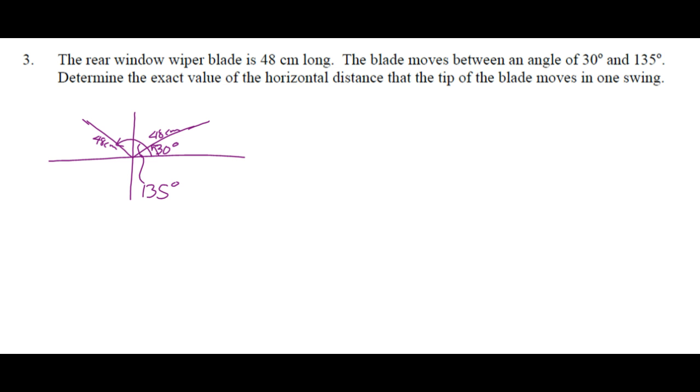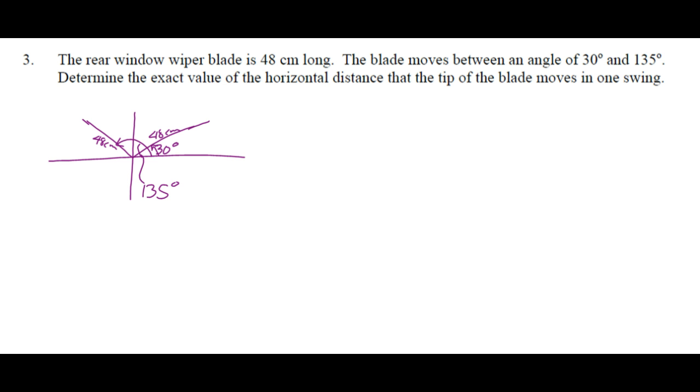And what do we have to find? So what else do we need to draw on this diagram? Exact value of the horizontal distance. So where is this horizontal distance of which we speak? Which way is it going? So horizontal, is that like across or up and down?